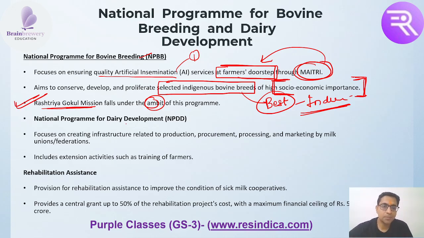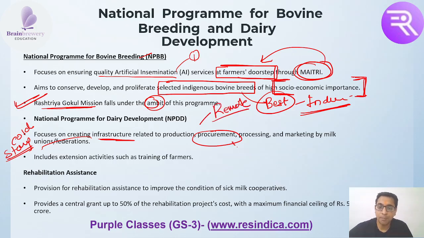Then National Program for Dairy Development. Under that, infrastructure, especially focusing on cold storage facilities, and procurement facilities from various remote parts of our country. First of all, procurement from remote parts of the country, proper processing at the center, and marketing by milk unions like Amul.